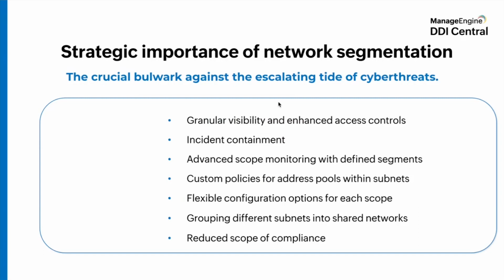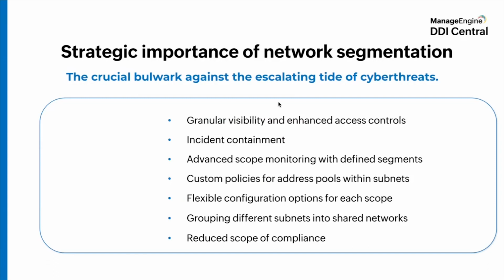Custom policies for address pools within subnets allow for specific security and access policies tailored to the needs of different host groups within the same department, enhancing both security and operational efficiency. Segmentation also offers flexible configuration options for each scope, which means networks can be tailored to meet specific functional requirements or regulatory compliance needs.